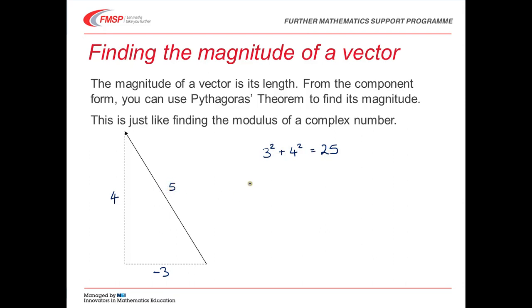So if this is the vector AB, then the vector AB is (-3, 4), and the modulus of the vector AB, or its magnitude, is 5.